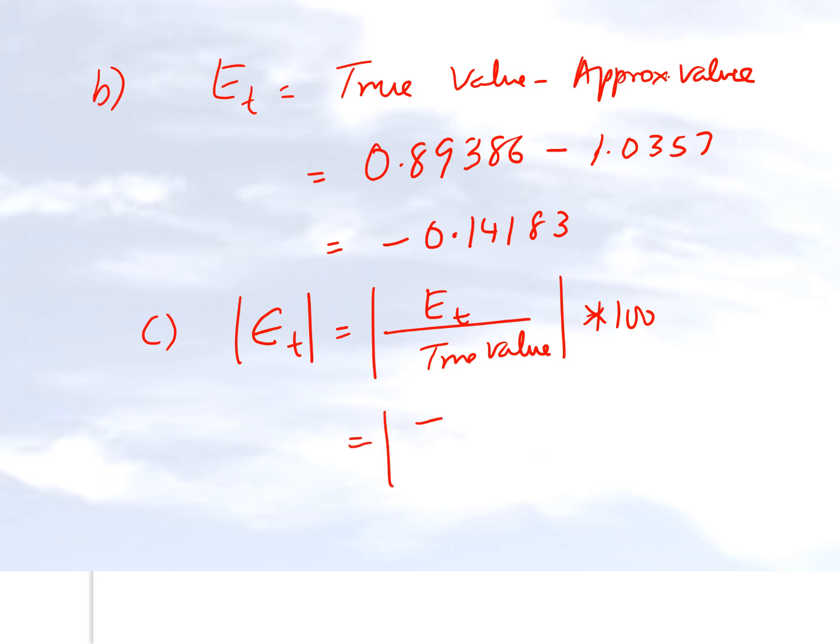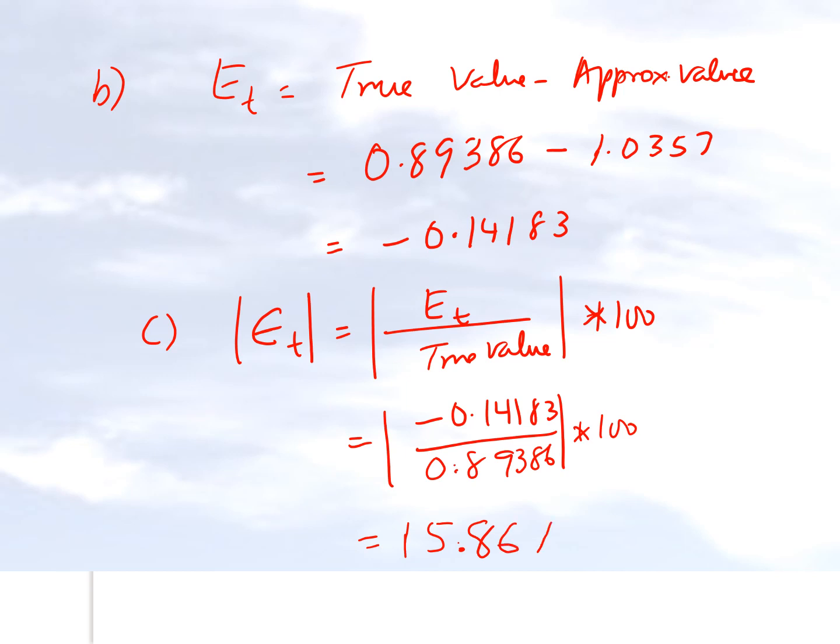So in this case, it is this as the true error, and this as the true value. We multiply by 100, and we get 15.86%. So that's the amount of relative true error we're getting here.